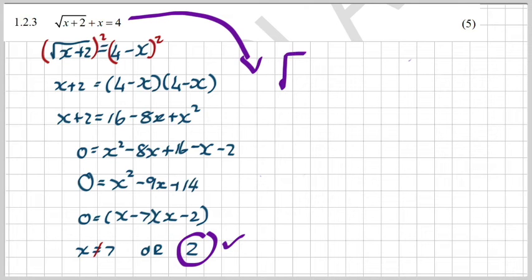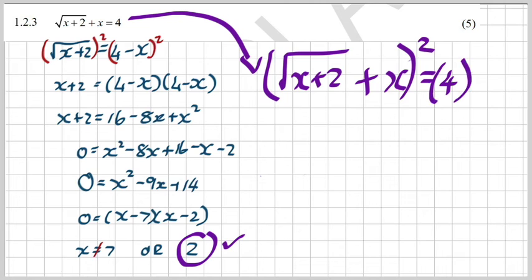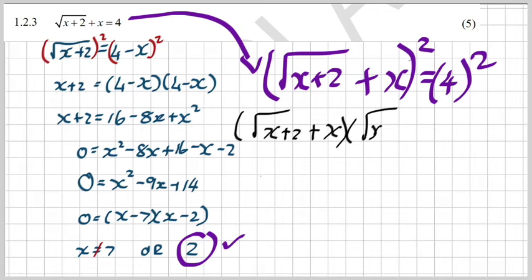If I look at root of x plus 2 plus x equal to 4, if I square the sides, and please understand, you cannot square individual terms, you've got to square sides, then on the left-hand side I'm going to sit with a bit of a nasty one, because remember, this is x plus 2 in a root or in a surd, and then another x plus 2 plus x.